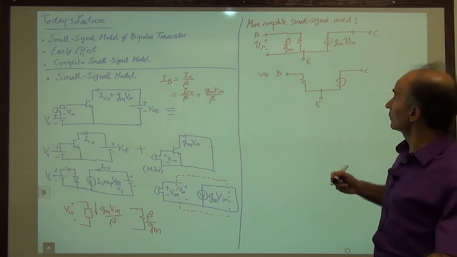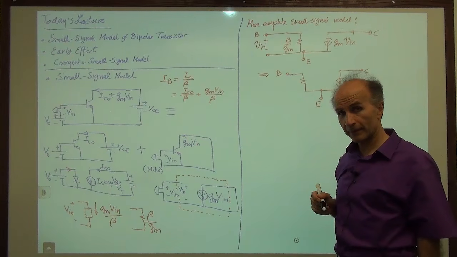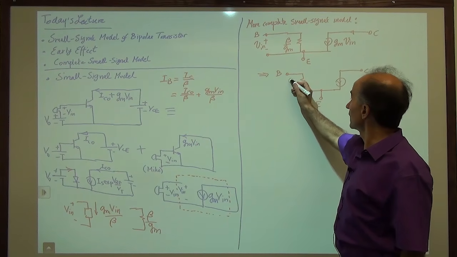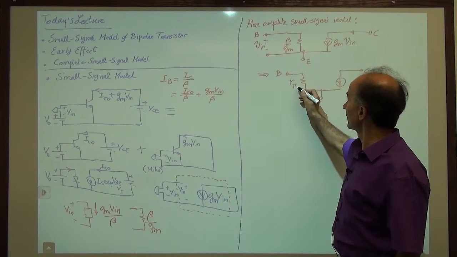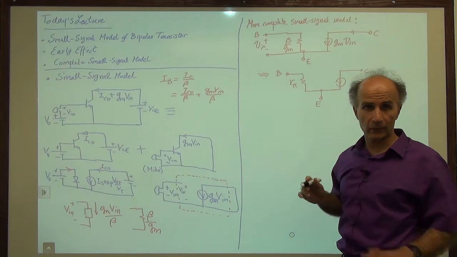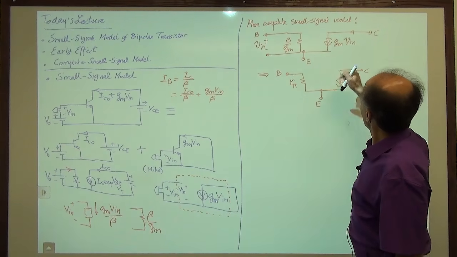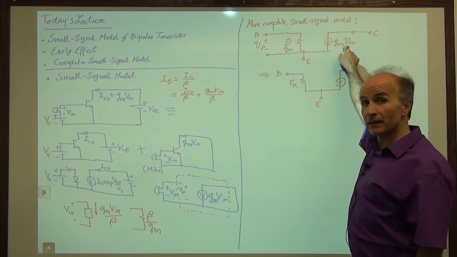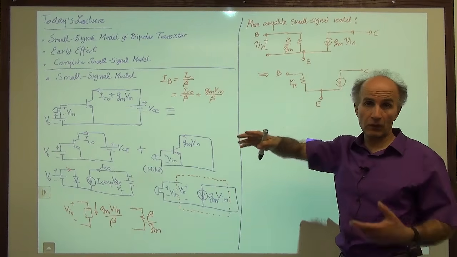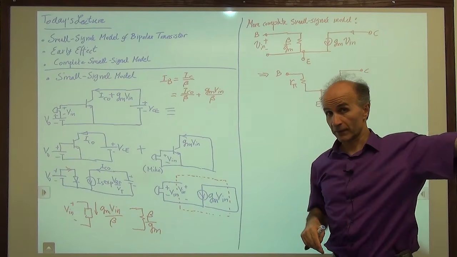Okay. Now I don't want to write beta over GM every time, so I will give this resistor a name. And that name is R sub pi, because it comes from something called the pi model, etc. We don't worry about it here. And then I don't want to call this V in, because V in could be some input voltage somewhere else.